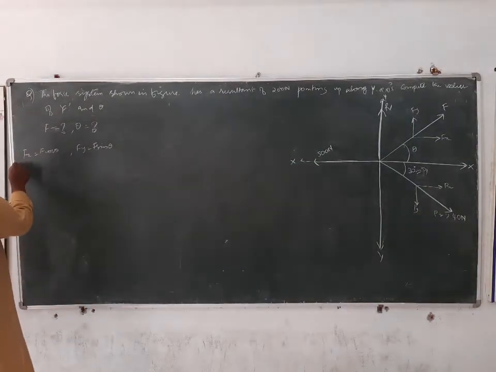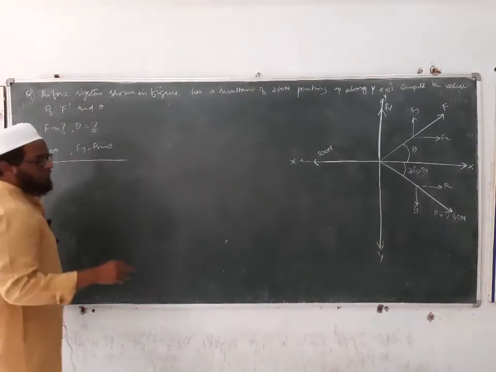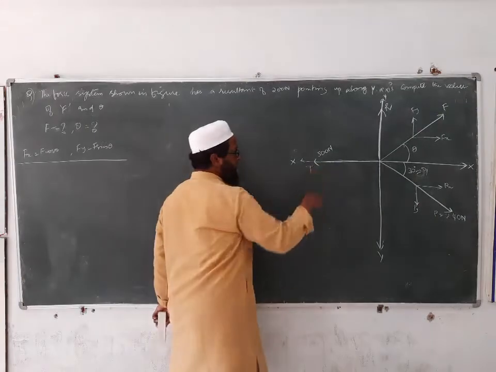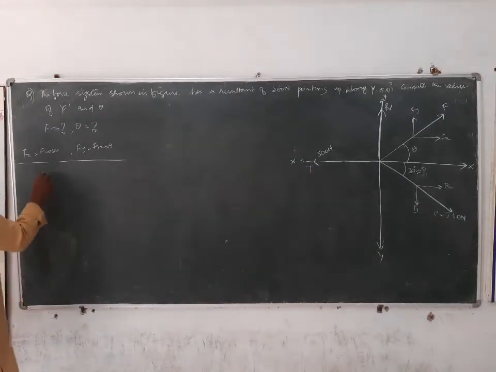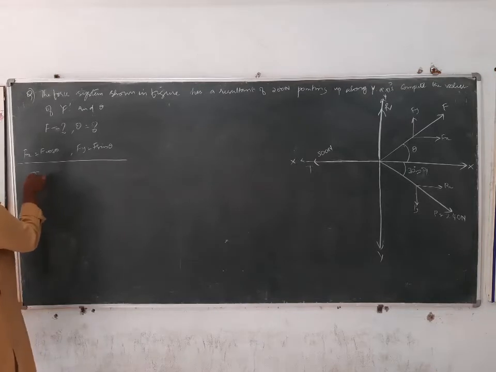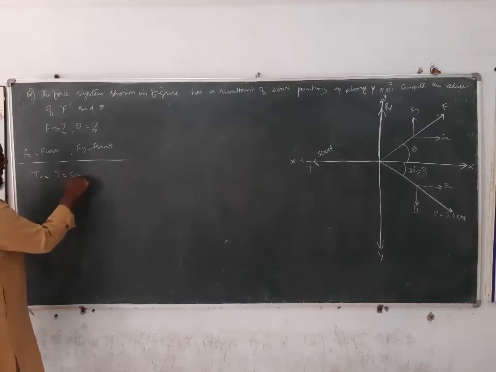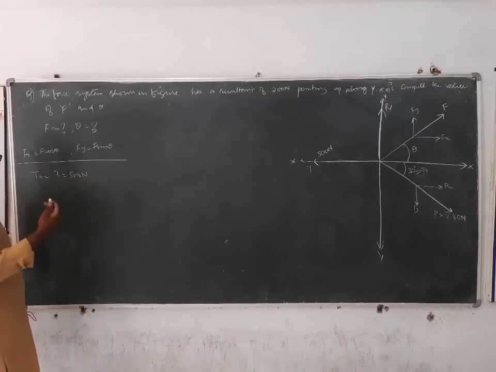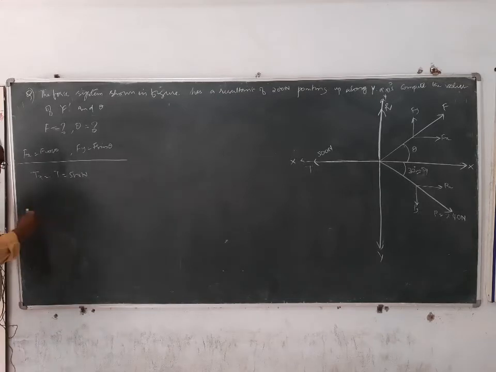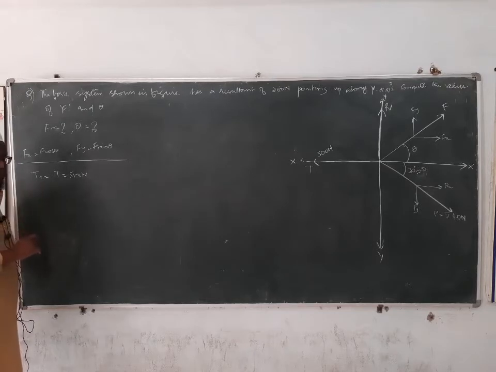Now we'll go for another force. Let this force be T. Since there is no angle, Tx is equal to T, which is 500 newtons. As I told you before, when the force acts exactly in the horizontal direction, the vertical component will be 0.